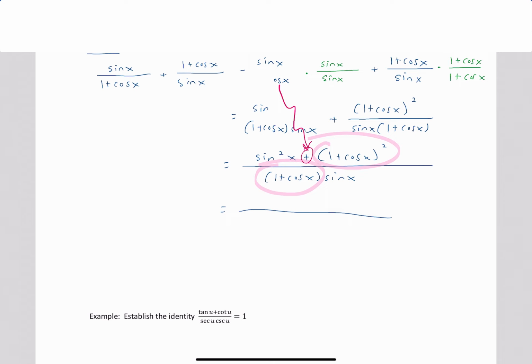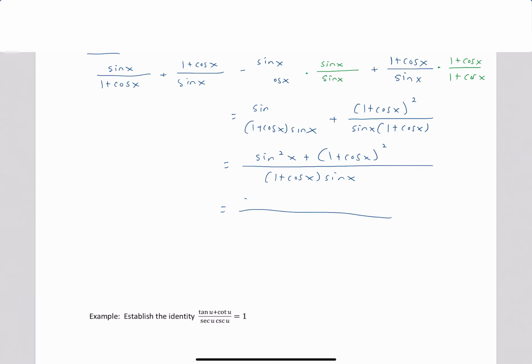The one below is, so theoretically it can be canceled, but we need a factor of 1 plus cosine of x on top. And that plus sign there means that the 1 plus cosine of x on top is not a factor, it's a term. So I can't cancel, but I can square out that 1 plus cosine of x.